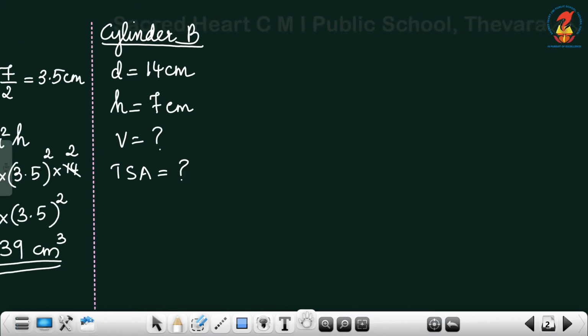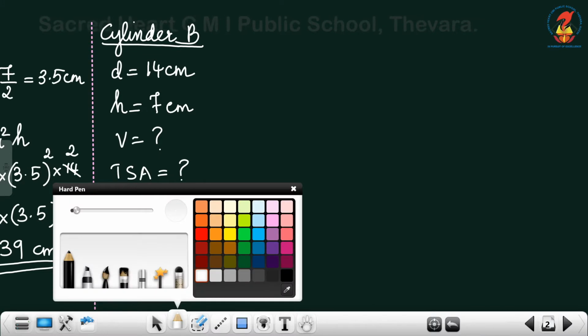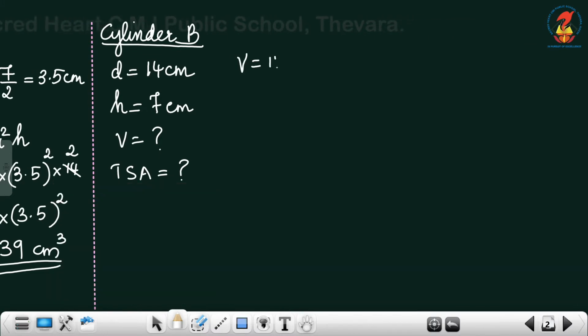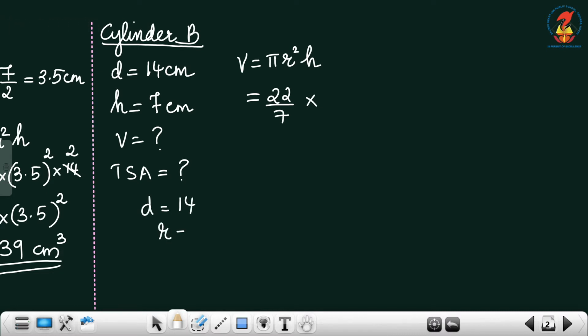Now we will do cylinder B. Cylinder B's volume equals pi r square h. 22 by 7 into diameter equals 14. So radius will be 14 by 2, 7 centimeter. 7 square into height also 7.